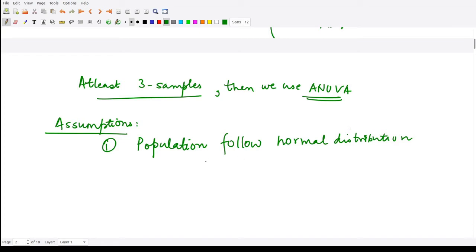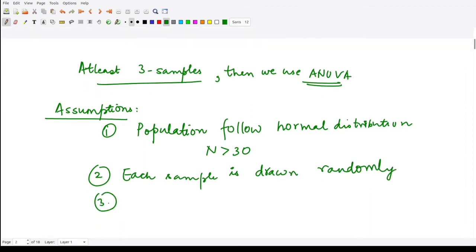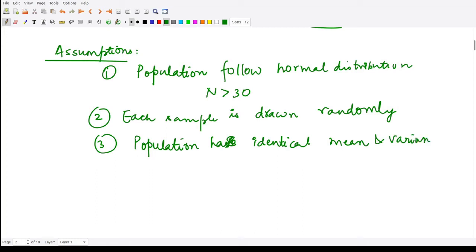And here the number of elements should be greater than 30. Second, each sample is drawn randomly. This is the second condition. And the third condition is that the population from which the samples are drawn has identical mean and variance. So these are the assumptions.